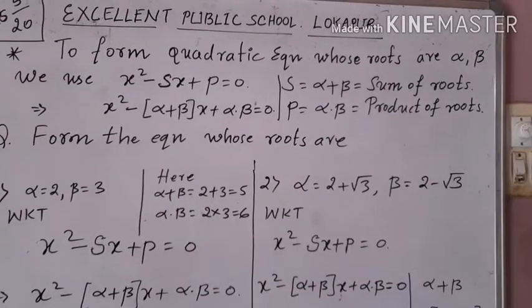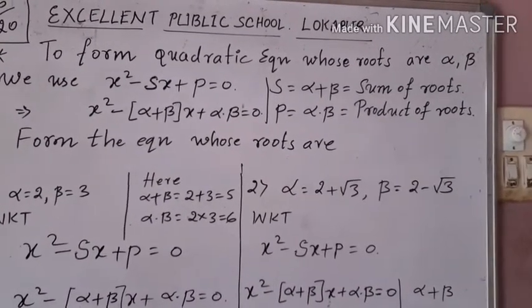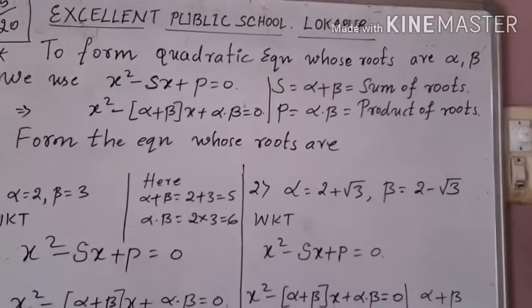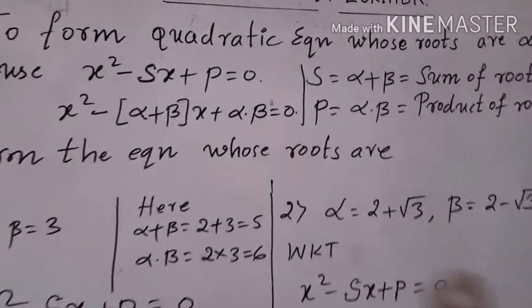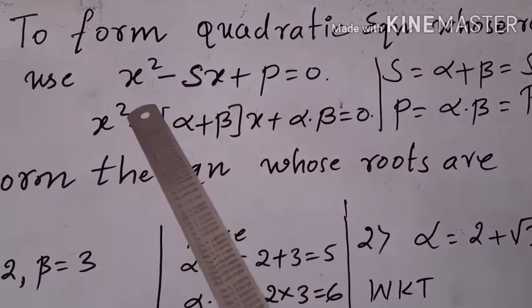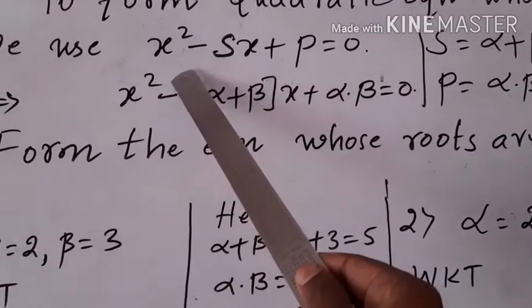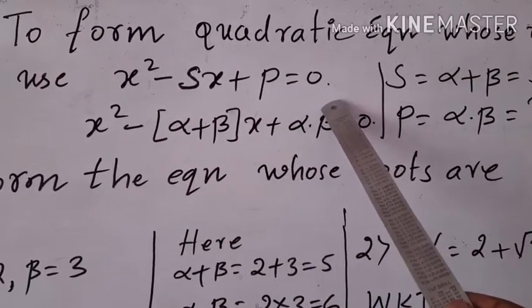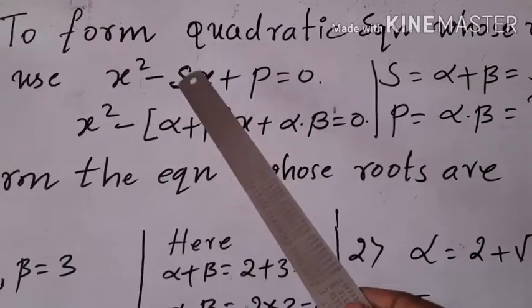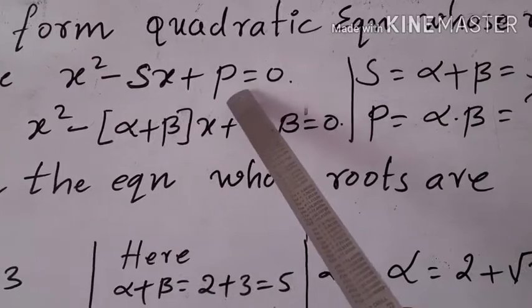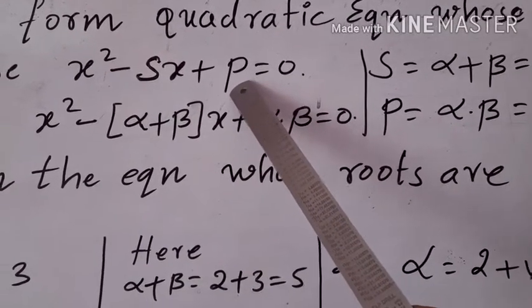To form a quadratic equation whose roots are alpha and beta, we use an equation, that is x square minus sx plus p is equal to 0. Here s means the sum of roots and p means the product of roots.